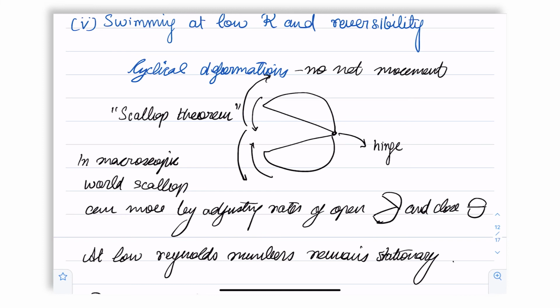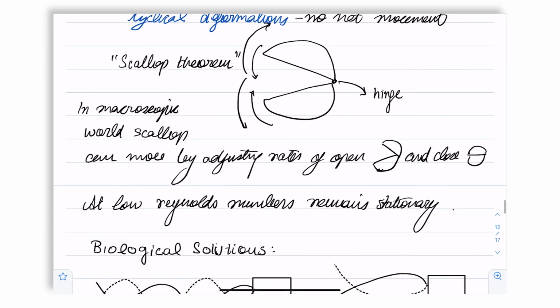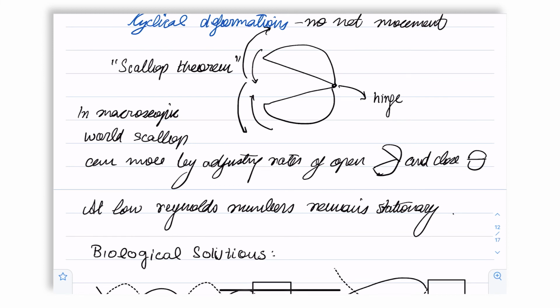They have a muscle that contracts and opens the two shells, creating a sort of clapping motion, like clapping with one hand. At low Reynolds numbers, this motion would remain stationary because of what is called reciprocity. As you go from open to closed and closed to open state, it doesn't matter whether you do one faster or the other slower, you will, because of the lack of inertia, be at the same position.